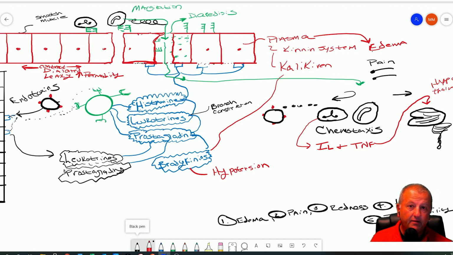You know why you have a fever when you're septic or when you have pneumonia or a bacterial infection? Because of this right here, the interleukin. Interleukin and tissue necrotic factor come over here to the hypothalamus and say, hey, we got issues.